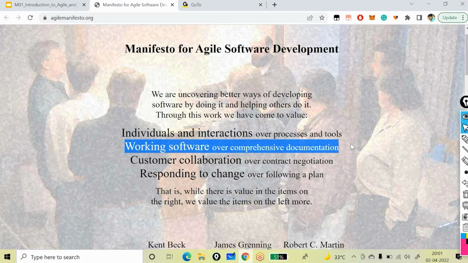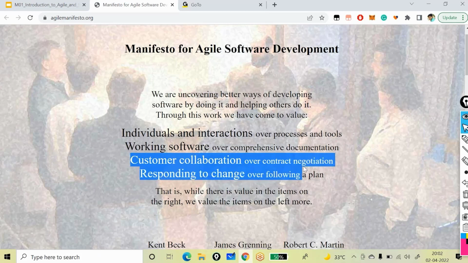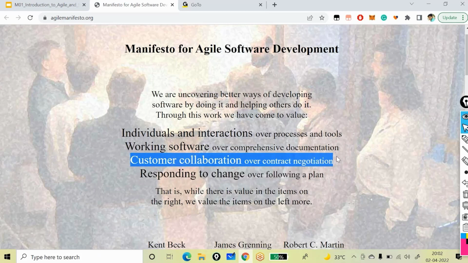Okay, and the third one says your collaboration should always be so high that everyone feels satisfied. Your customer collaboration should be very high when compared to contract negotiation. So contract negotiation should have less priority when compared to customer collaboration.